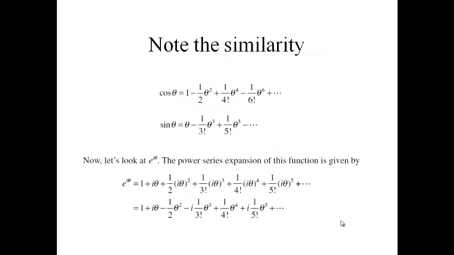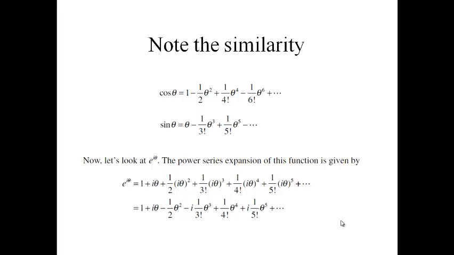That is, cos theta equals 1 minus theta squared by 2 factorial plus theta power 4 by 4 factorial minus theta power 6 by 6 factorial plus etc. And sin theta equals theta minus theta cubed by 3 factorial plus theta power 5 by 5 factorial minus etc.